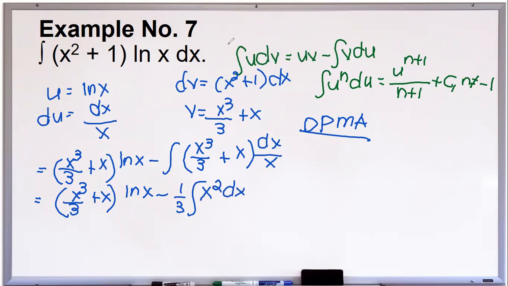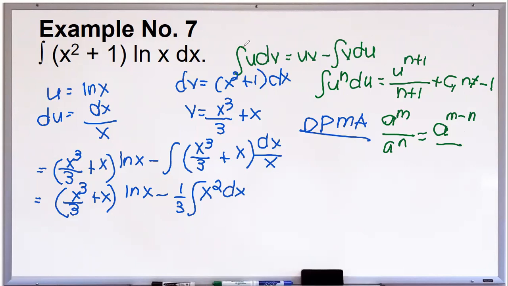So anong law of exponent yan? Quotient rule. A raised to m divided by a raised to n. So pag quotient rule, anong ginagawa natin sa exponent? Ina-add ba o sinasubtract? Sinasubtract. Kasi pag ina-add natin, product rule yon. So this is equal to a raised to m minus n. This only applies kapag ang base natin ay parehas.